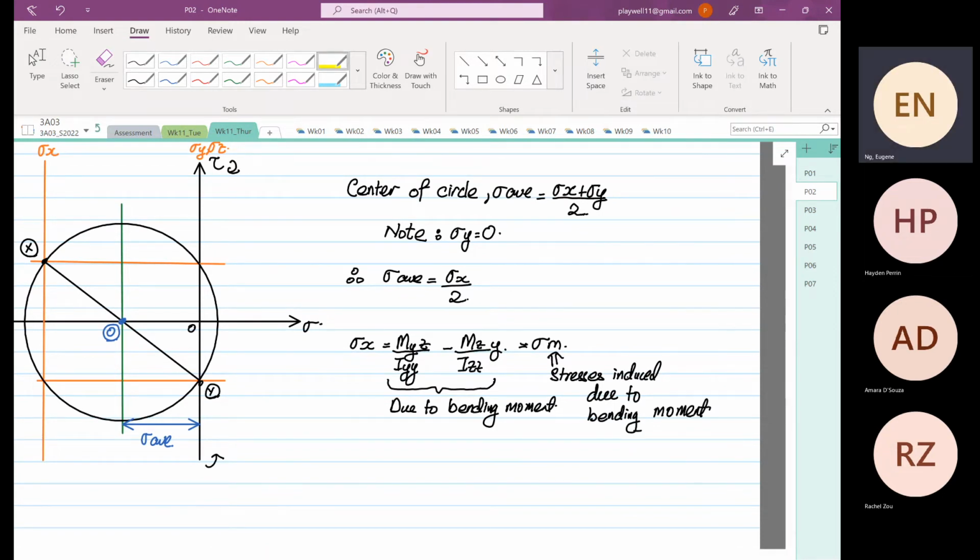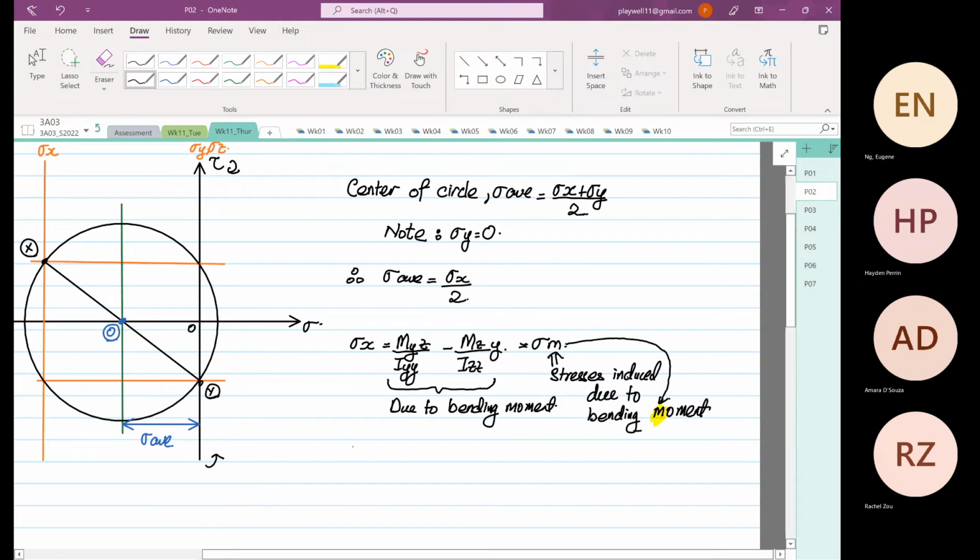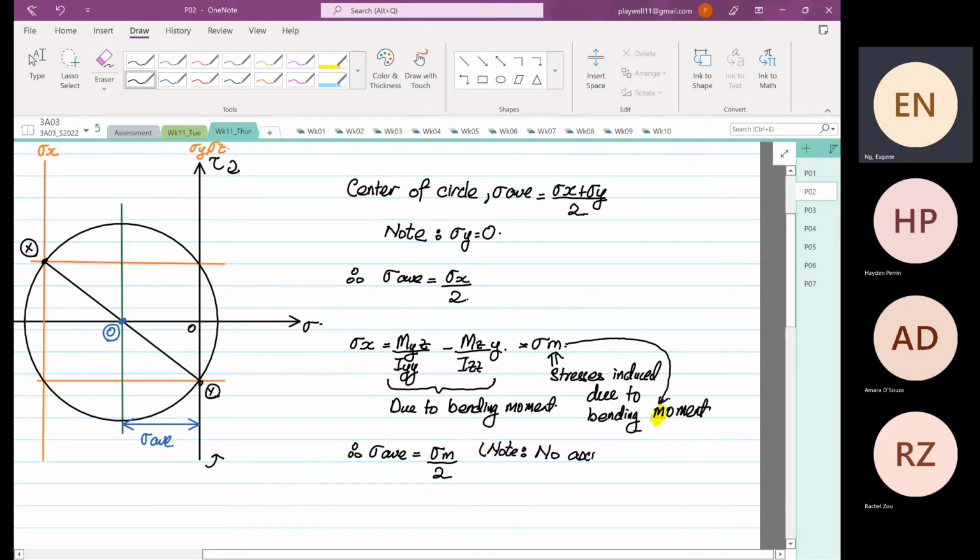I will highlight the m down here because it is related to this m down here. So therefore, the average stress is equal to stress m divided by 2. And I'm going to denote no axial force for these formulas. You cannot have axial force at all.